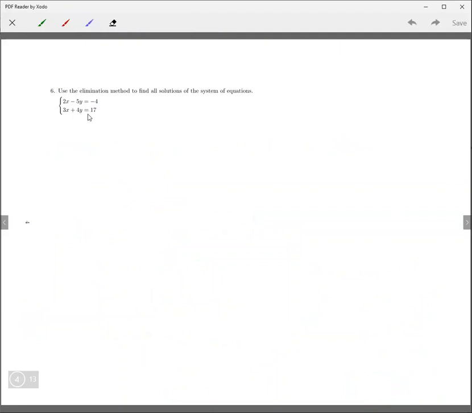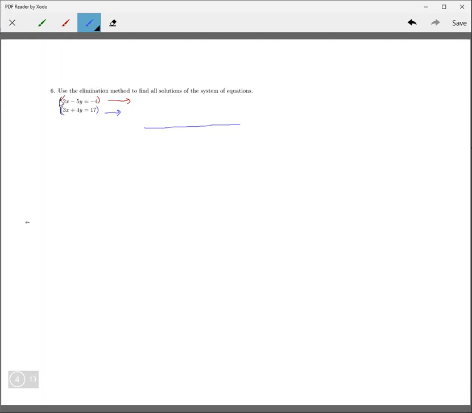Okay, number 6. Now the elimination method. What you want to do for the elimination method is multiply the top equation by something and possibly multiply the bottom equation by something and get new equations, and then add those equations together and eliminate.